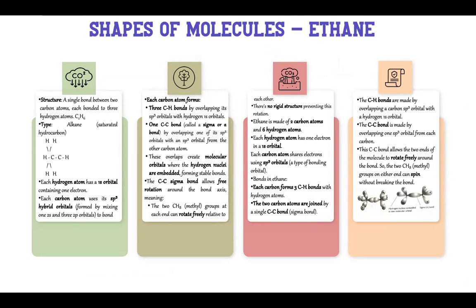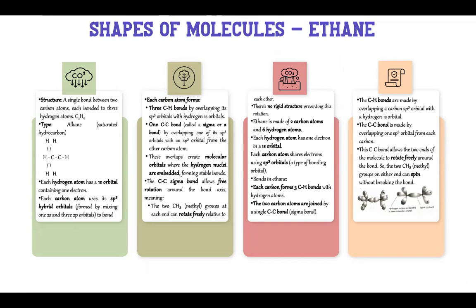Each hydrogen atom has one s orbital containing one electron, and each carbon atom uses its sp3 hybrid orbitals, which are formed by mixing one s and three p orbitals, to bond. Each carbon atom forms 3 C-H bonds by overlapping its sp3 orbital with a hydrogen 1s orbital.